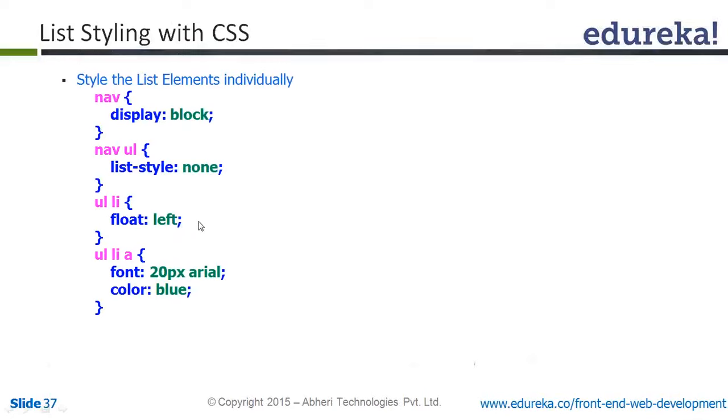And you have to use the float, because you want all the elements to appear one after the other in one horizontal line. Note that list items are block elements by default. So if you want to make the list items inline elements, then you have to change the style using CSS.